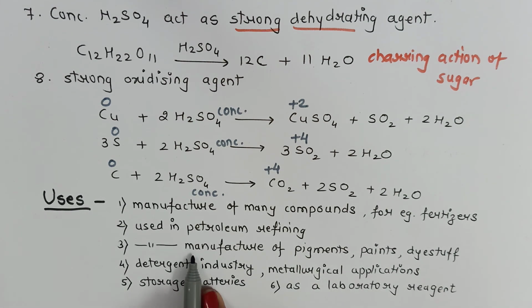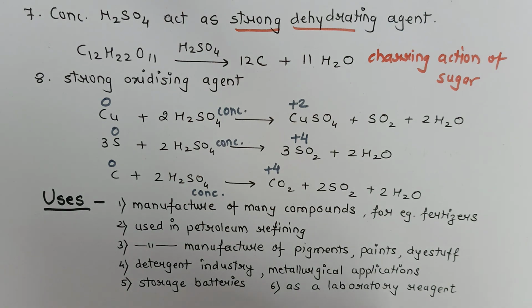It is used in the manufacture of pigments, paints, dye stuffs. It is used in the detergent industry, metallurgical applications like cleaning the metal before enameling, electroplating, galvanizing. It is used in storage batteries. The batteries used in automobiles have H2SO4 filled in them. And obviously it is used as a laboratory reagent.